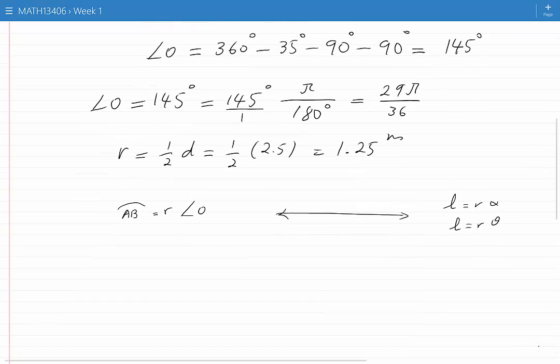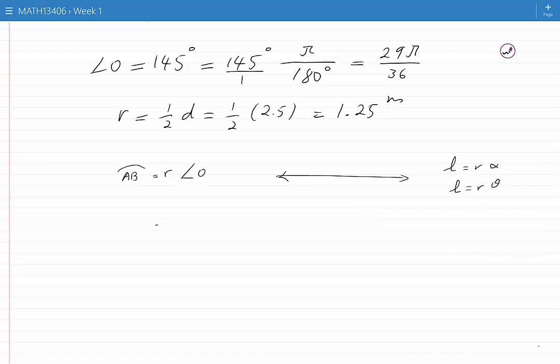Now I can plug in for R, that would be 1.25, and for the angle I can plug in 29 pi over 36. And if we calculate this, we will get 145 pi over 144.